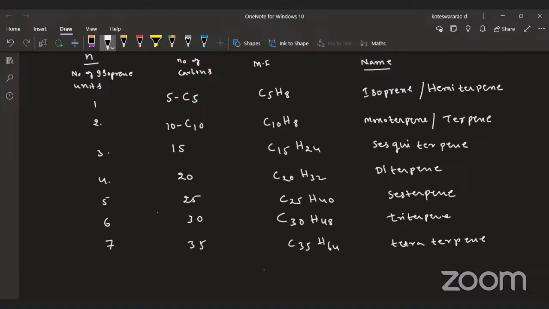These are also known as carotenoids. Tetraterpene, not triterpene.